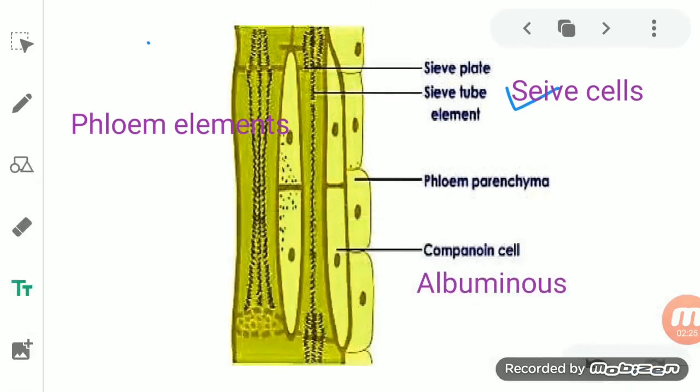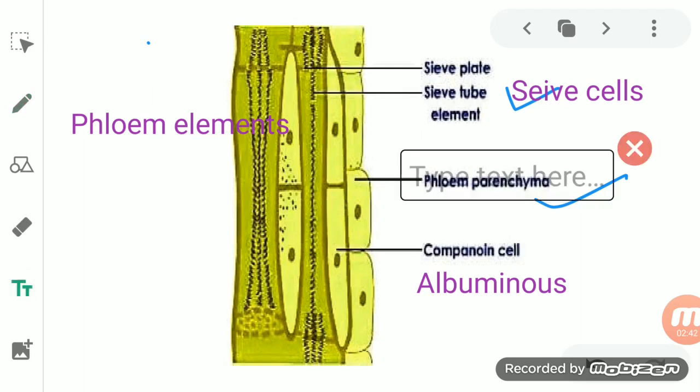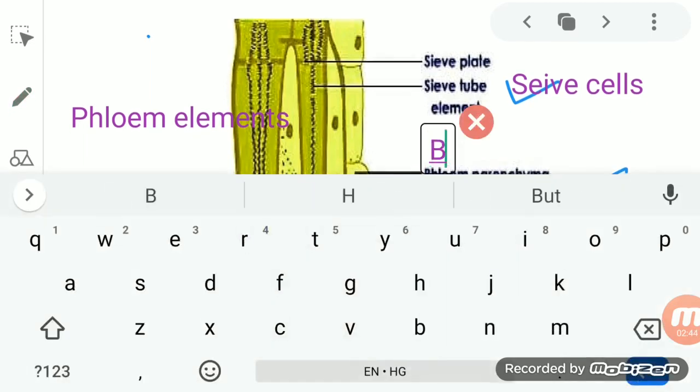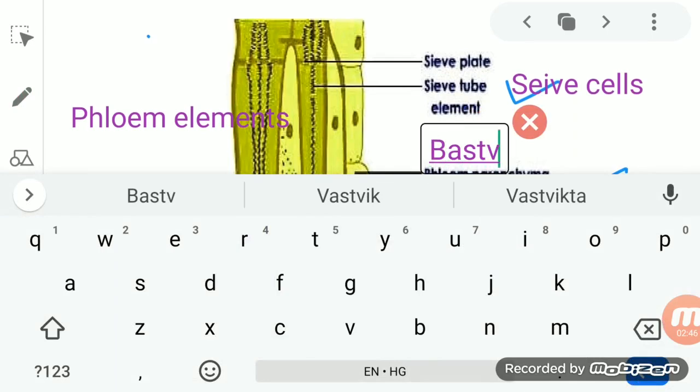Then phloem parenchyma is there, and finally phloem fibers, which we also call sclerenchyma cells, and these phloem fibers are known as bast fiber.